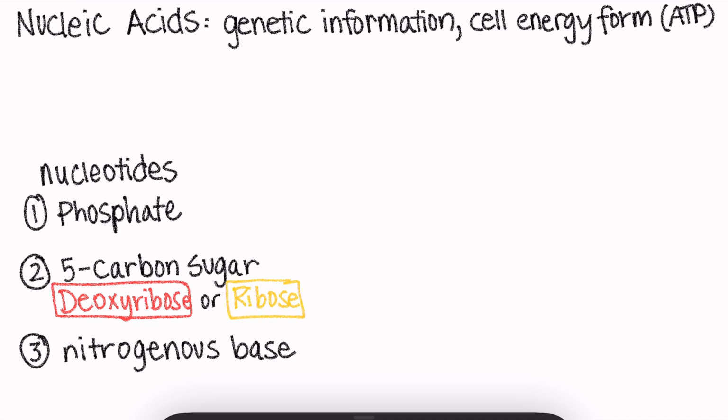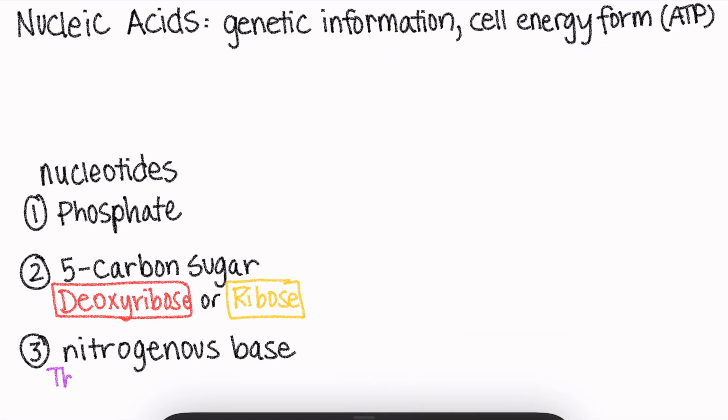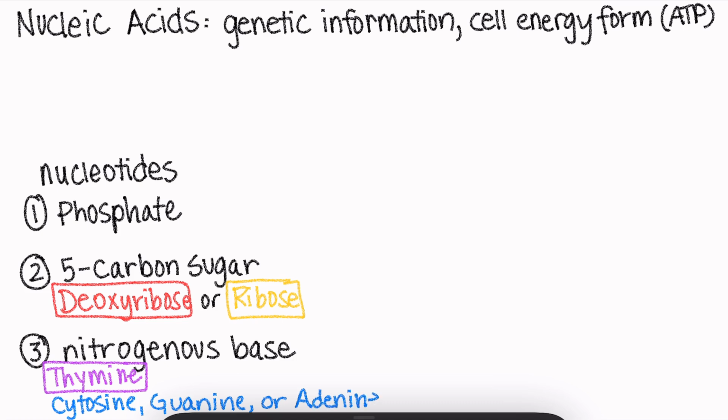And a nucleotide can have one of 5 different nitrogenous bases: thymine, cytosine, guanine, or adenine. So notice that's 4, and then I put thymine in purple. In that case, they either have thymine or uracil, but then the others are the same.